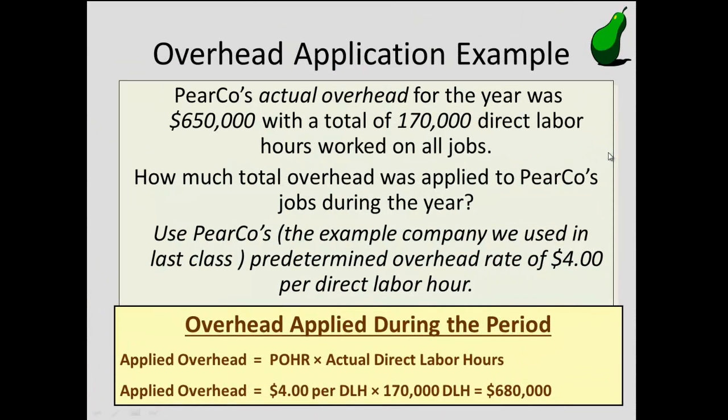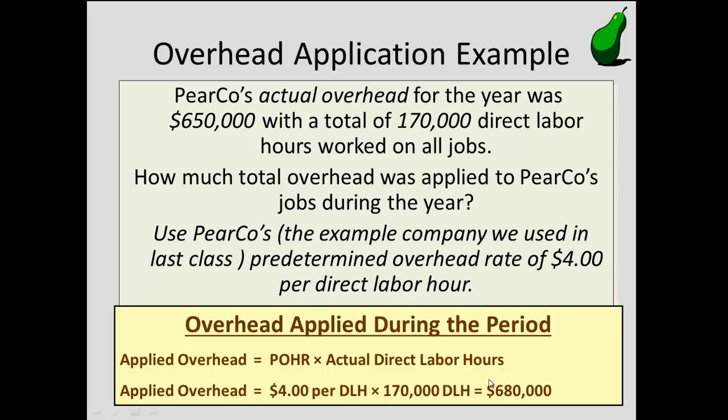So let's take a look at this example here, and we're just going to pretend that the actual overhead for this pear company happened to end up being $650,000. That's based on what was actually incurred. Remember we had a $4 predetermined overhead rate, and we had a total of 170,000 direct labor hours that was given to us.